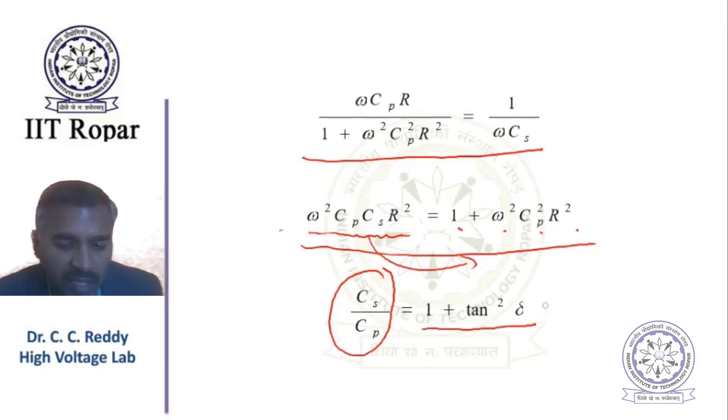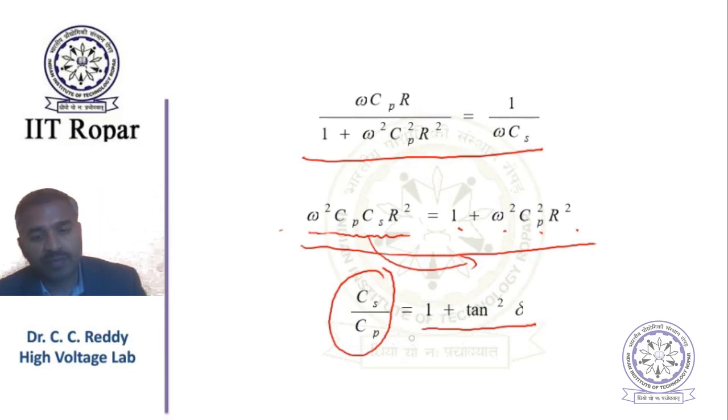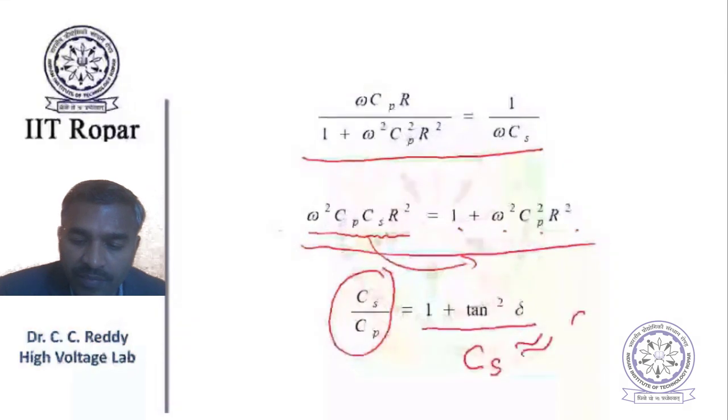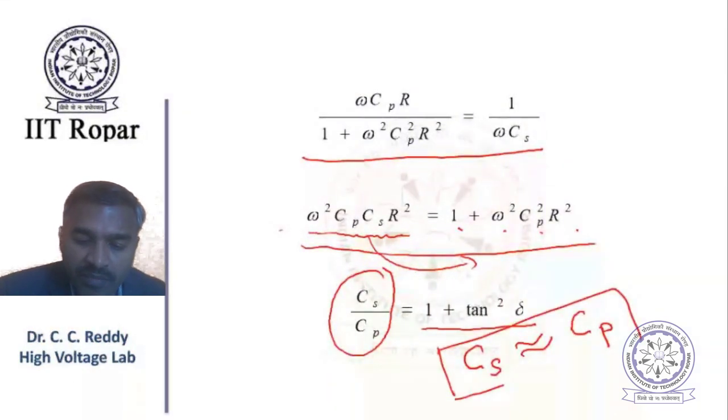What message does it give? If tan delta is very less than 1, then both are equal. So series capacitance and parallel capacitance are more or less the same. That is the message this gives. But the resistors are not the same. Series resistor is R into tan square delta, very small.